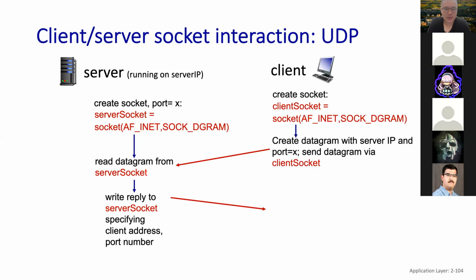After you change it, you write the reply using the server socket, specifying the client address and port number, and send the data back from the server side. The client side reads the datagram from the client socket and closes the client socket. But the server side socket is always running, because you are not closing it.